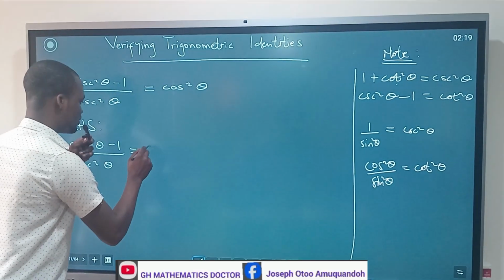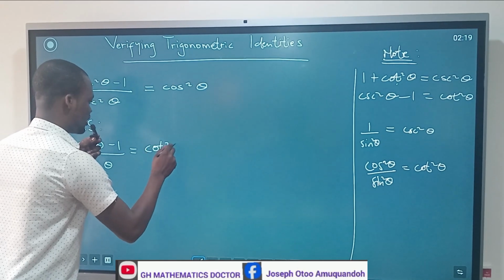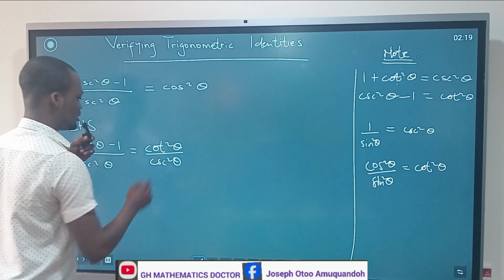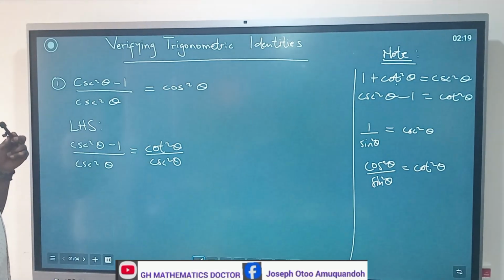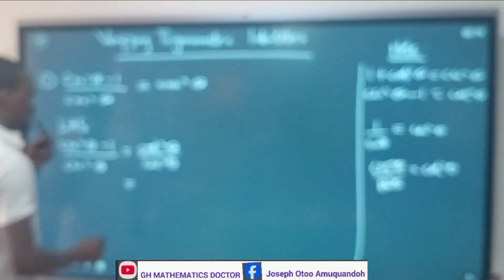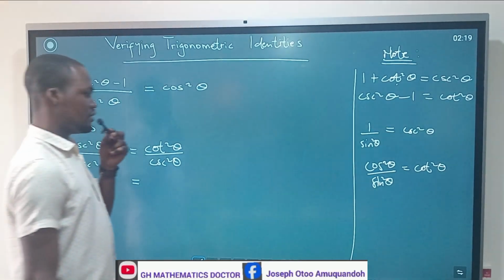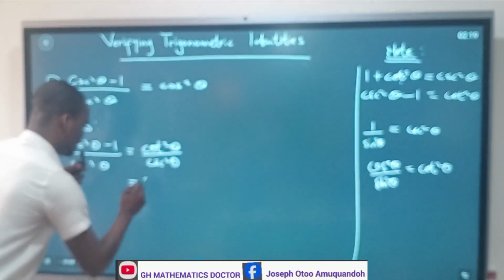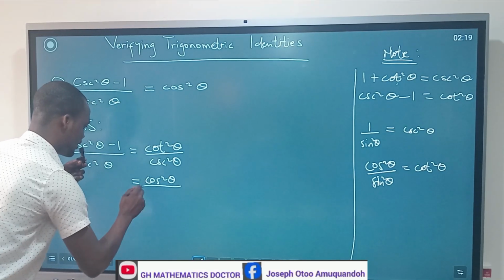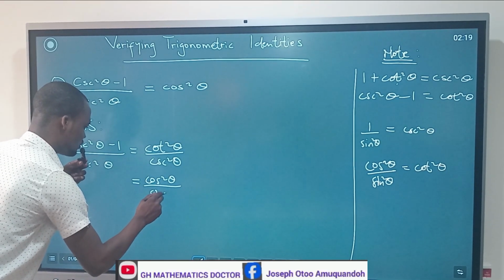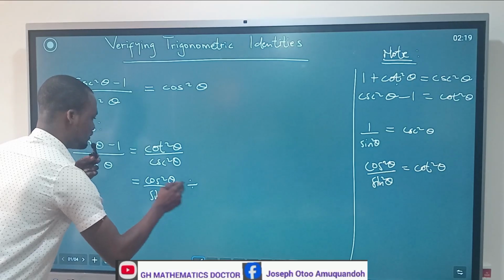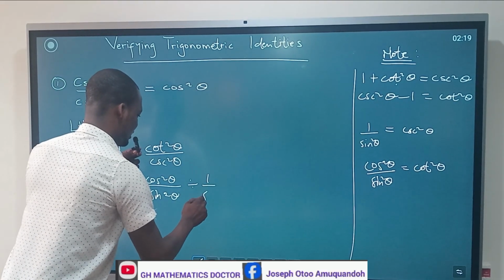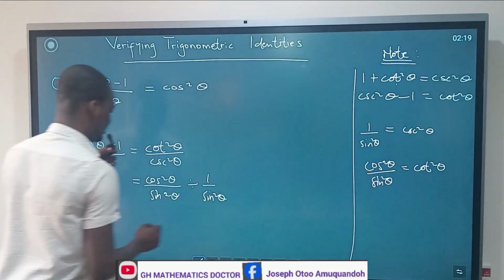So you're going to replace the numerator by cot square theta. Then we repeat the cosec square theta over here. Now we need to also change cot square theta, and that is in the form of cos square theta over sine square theta. So we have this to be cos square theta over sine square theta, being divided by cosec square theta, which is giving us 1 over sine square theta.